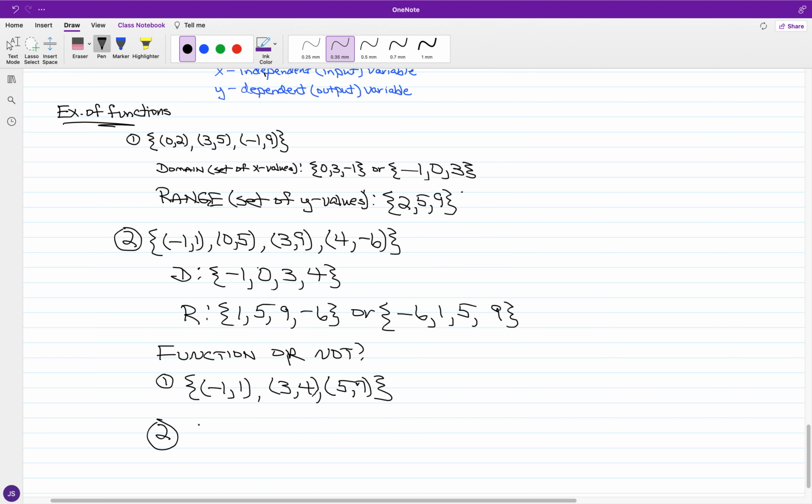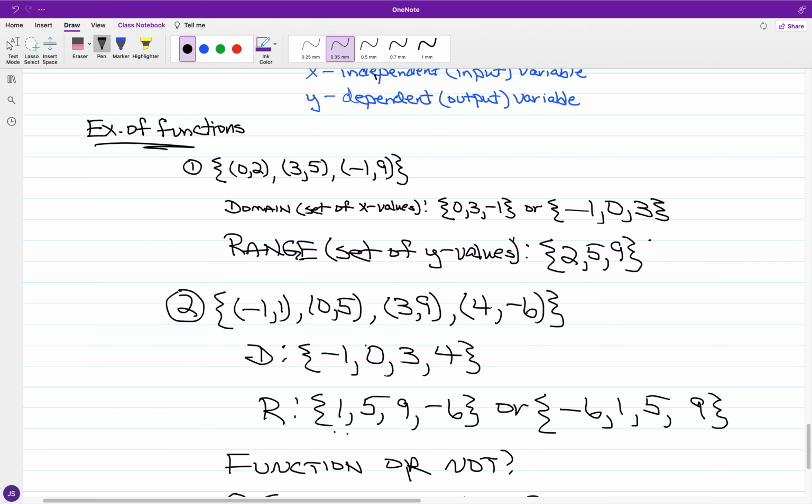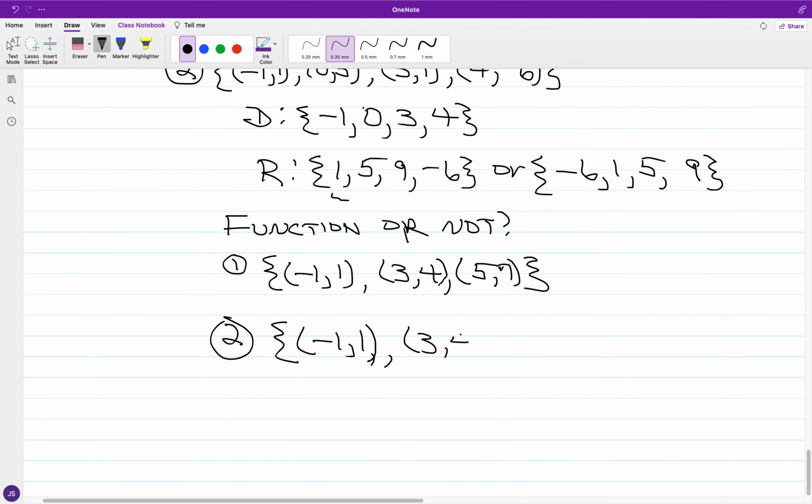Say we have -1, 1, 3, 4, (5, 7), and say we have 3, -8.